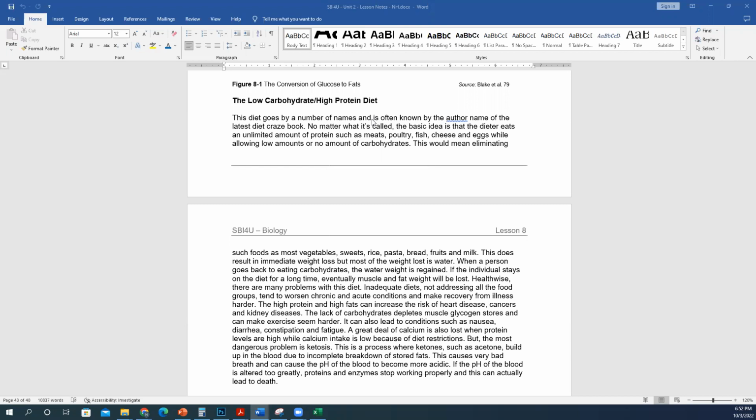So when a person then goes back to slowly starting to eat carbohydrates, because it's almost impossible to continue to maintain this diet, that water weight is then regained. And if it so happens that the person is able to maintain this diet for a long time, eventually some muscle weight will be lost.